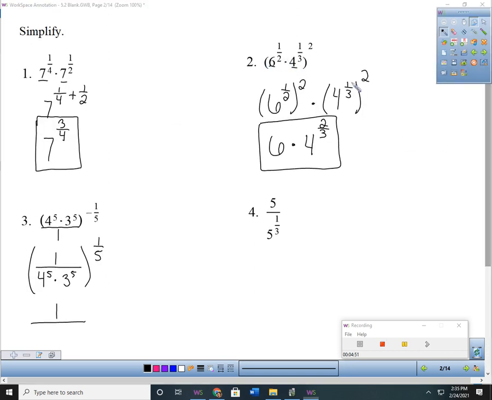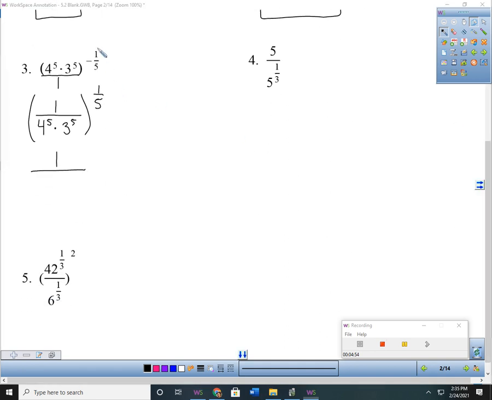Two separate things being multiplied raised to a power. So if I have 4 to the 5th and I raise that to the 1/5 power, I would take the 1/5 times the 5, so that would just leave me with 4 to the first. And then same thing here, 3 to the 5th to the 1/5 would be 3, and then that's simple, so 1 over 4 times 3, which is 12.